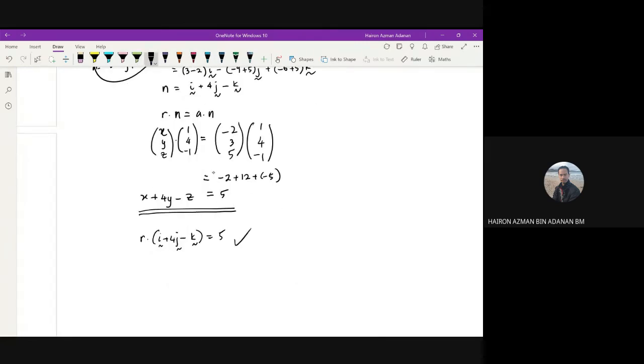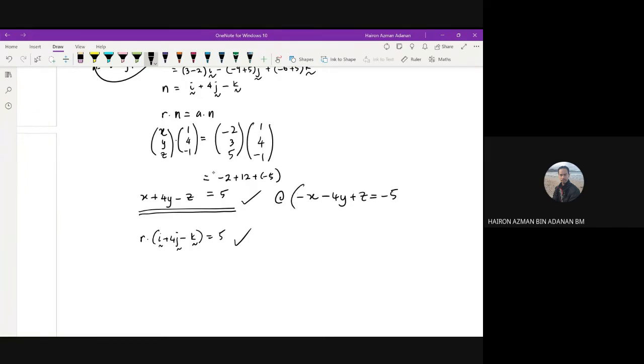Inilah bentuk vektor, inilah bentuk plane. Okay, mungkin ada yang tanya saya kenapa nota ada dua? Sebab direction of normal. Boleh juga jawapan dia adalah negative x minus 4y plus z equal to negative 5. Boleh juga. Sama. Tapi direction normal dia lain.